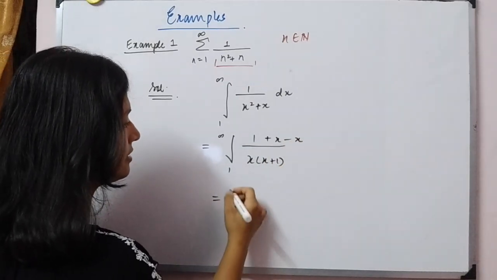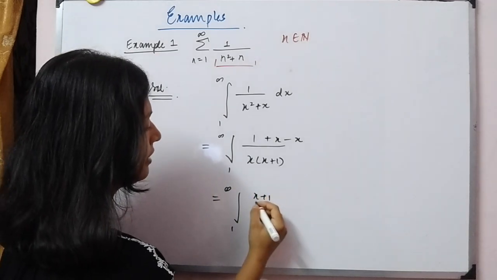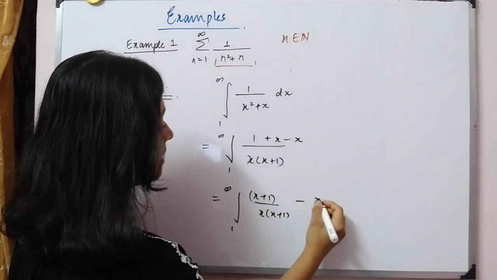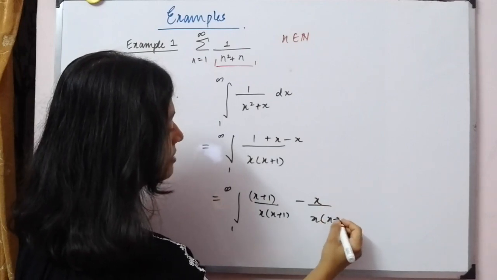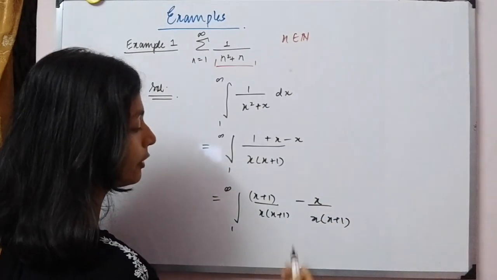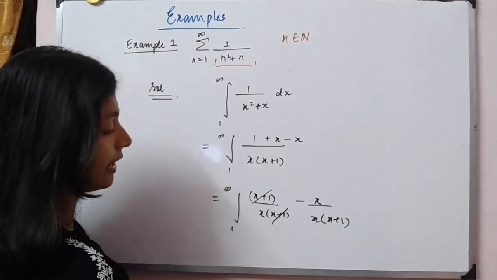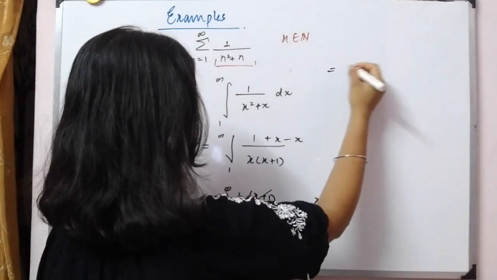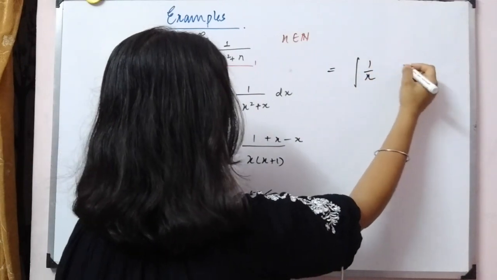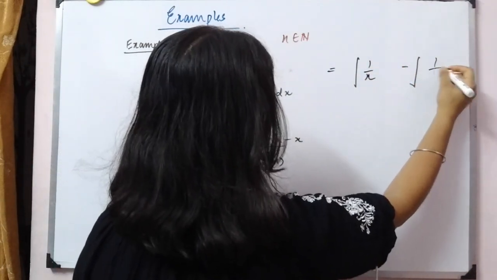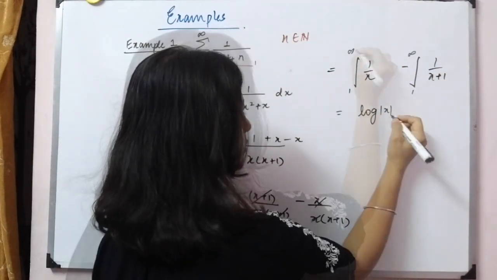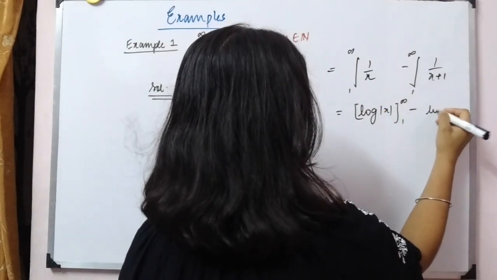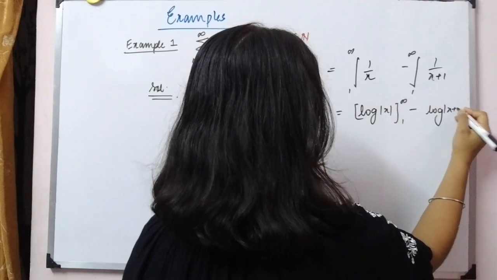So this will give us (x plus 1) upon x into (x plus 1), minus x upon x into (x plus 1). Now clearly we can see x plus 1 and x plus 1 get cancelled, x and x get cancelled. What we are left with is the integral of 1 upon x minus 1 upon x plus 1 from 1 to infinity, and this comes out to be log of x upon x plus 1.